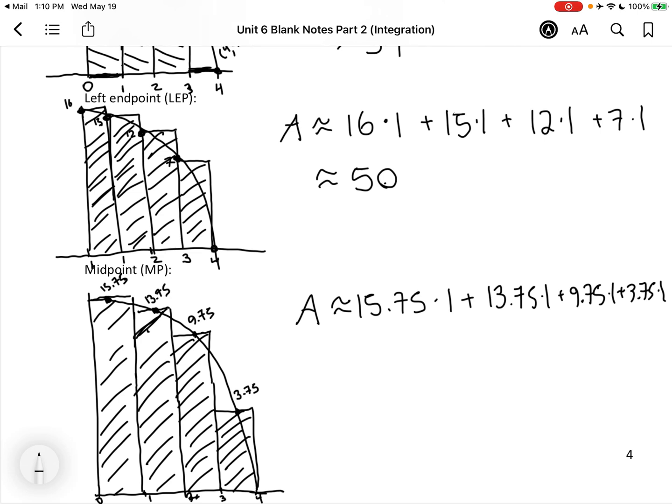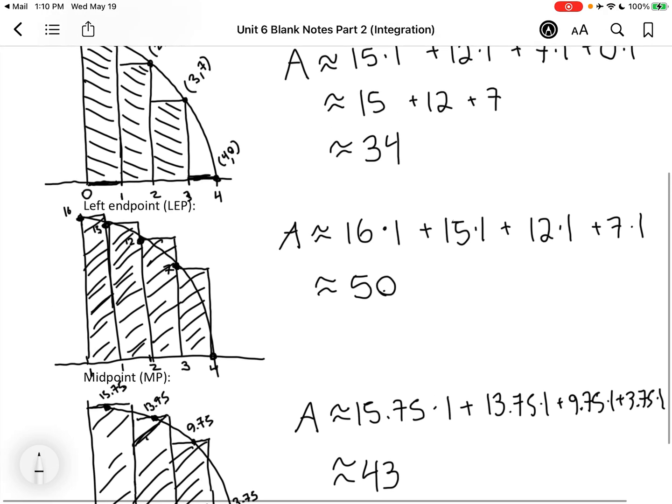And that is, I'm just adding it up. It's 43.